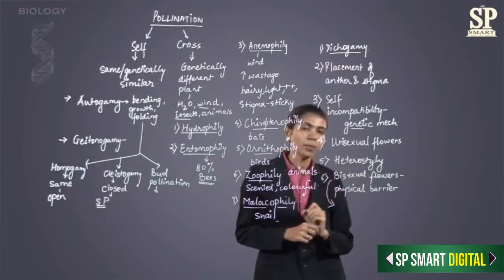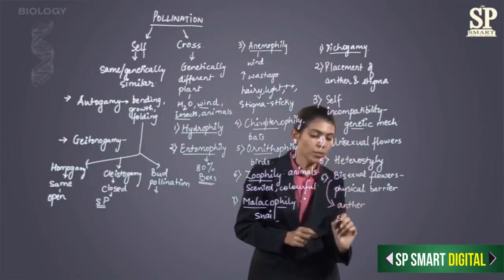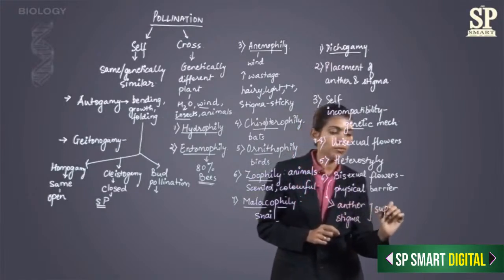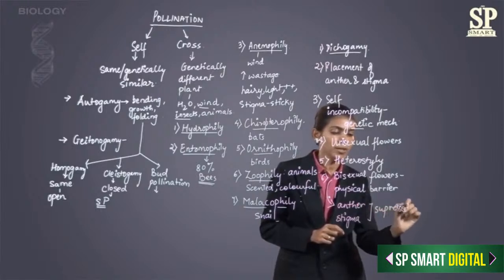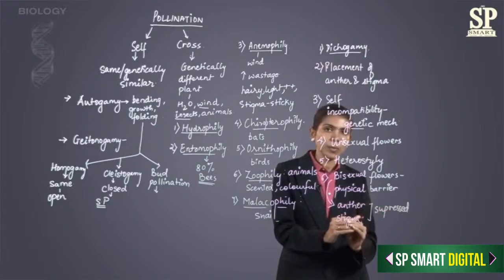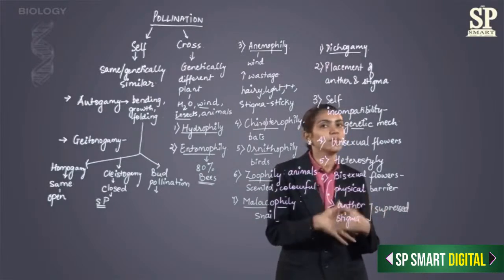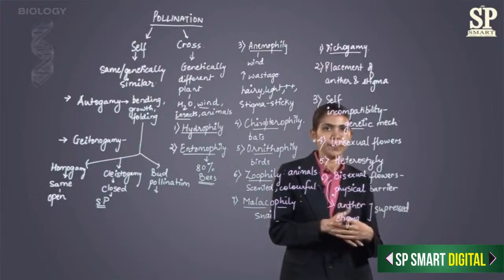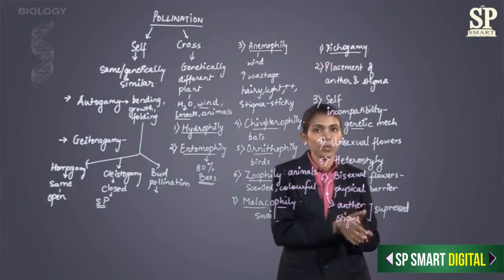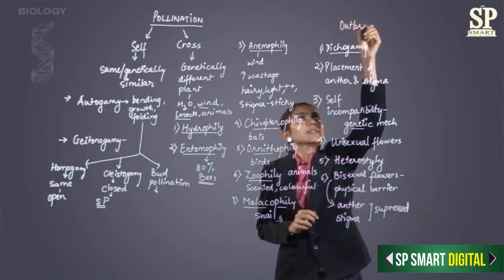Similarly, in a bisexual flower, if the anther or the stigma are suppressed, that means if either the male gametophyte or the female gametophyte is not allowed to express, it will lead to cross-pollination. Self-pollination will not be allowed to occur in the same flower. So that was about how to decrease the chances of inbreeding depression. These are called outbreeding devices.